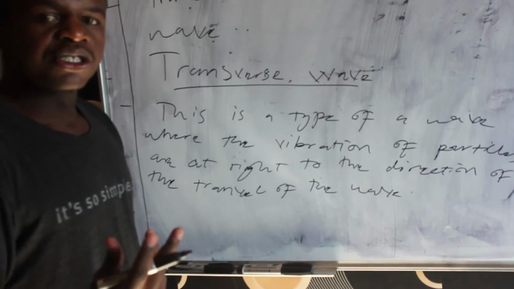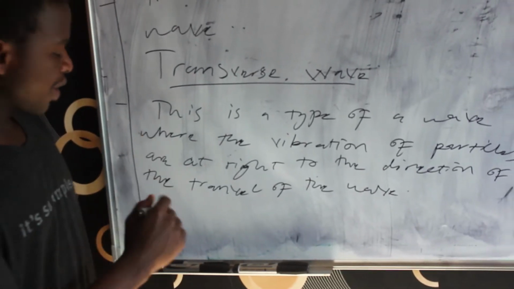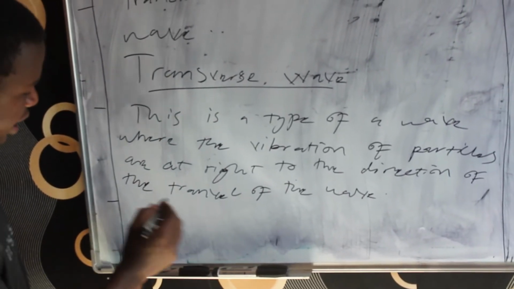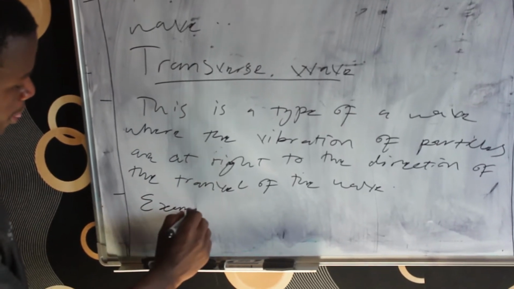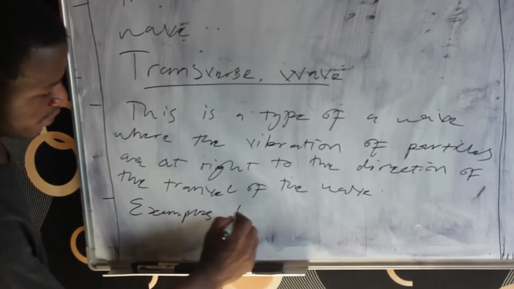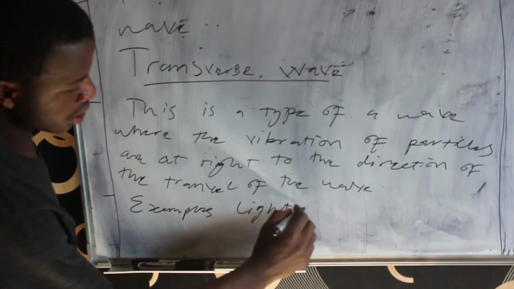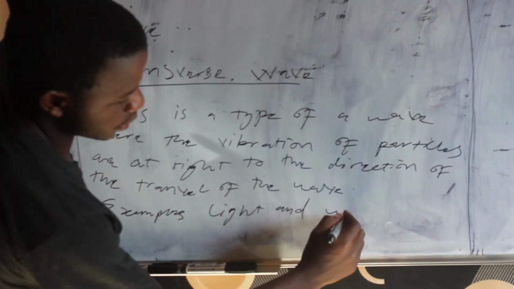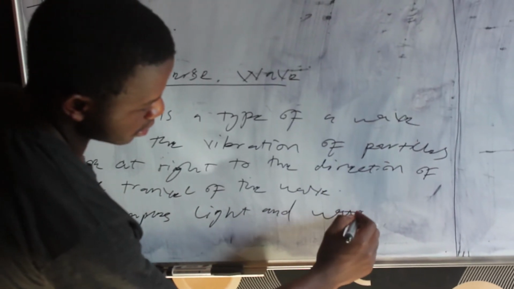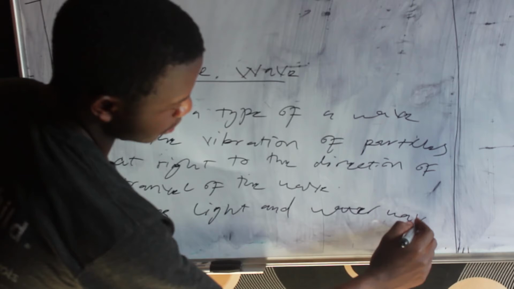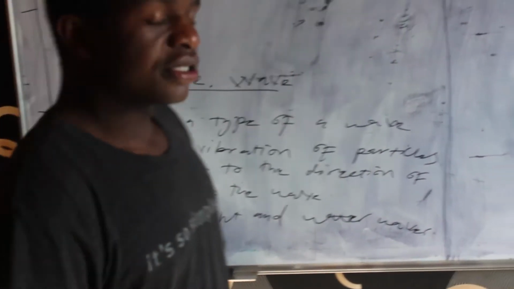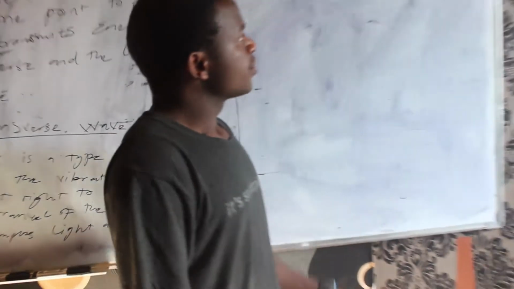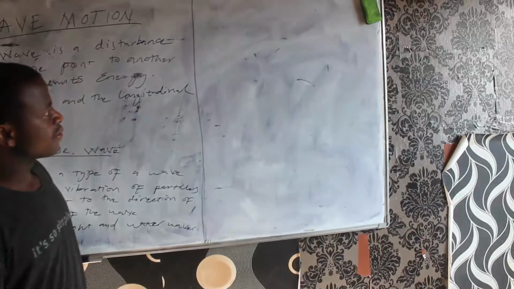Then I've given two examples of the transverse wave. I've said light and water waves. So examples, we have light and water waves. Let us now look at the structure of the transverse wave. I'm going to draw the structure of the transverse wave.